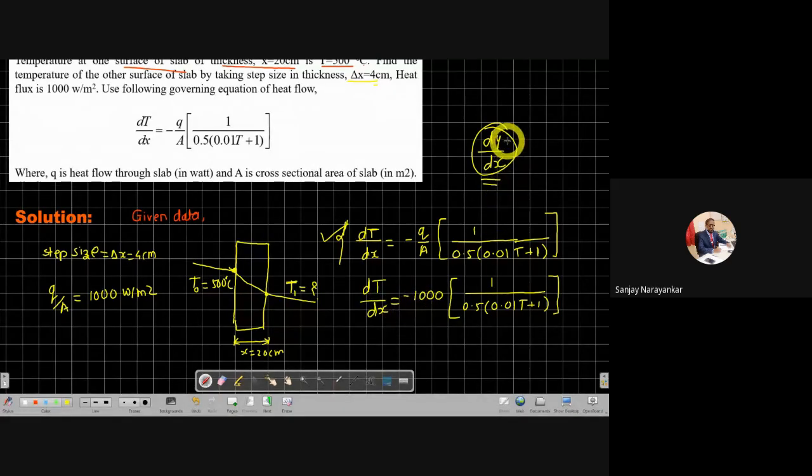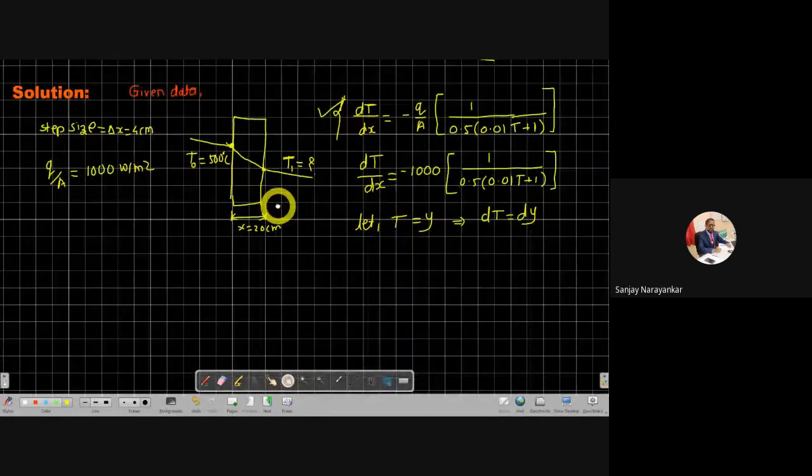If you compare these two terms, you can see that the denominator is x, but the numerator is y. So I can say that let capital T be equal to y. Then we get dT is equal to dy. Is that okay?